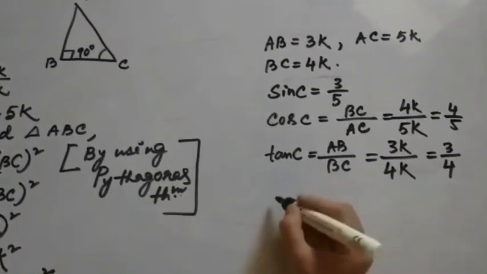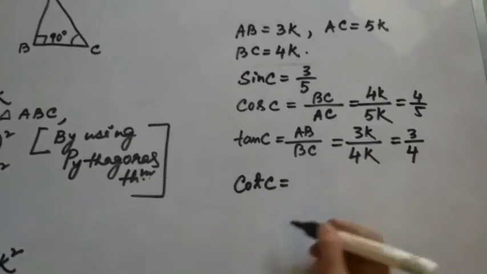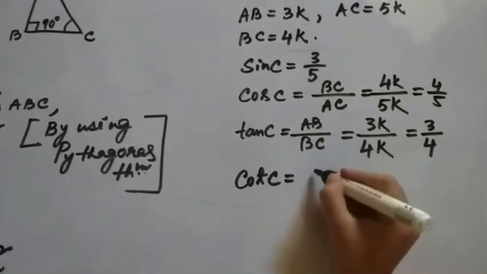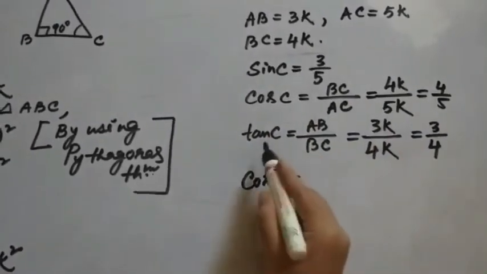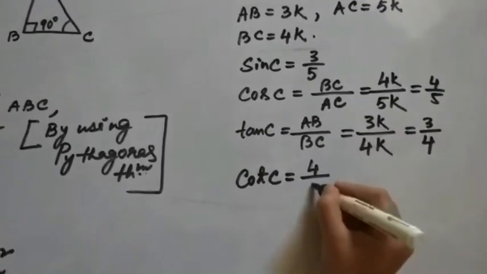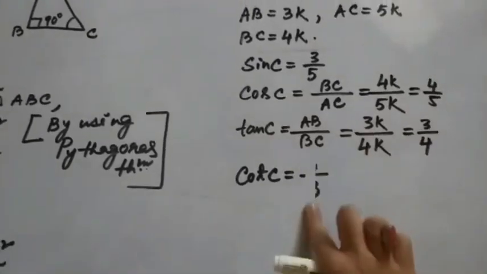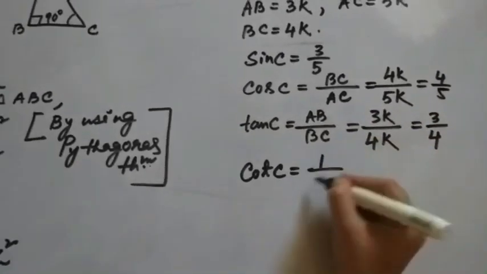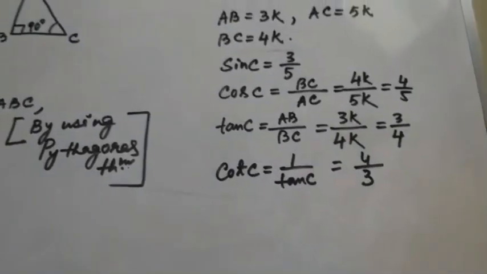Next, cot C. It is the reciprocal of tan C. We don't need to find out the value. Seeing the value of tan C, we can say the value of cot C will be 4 by 3. You can just write 1 by tan C, and after that write 4 by 3.